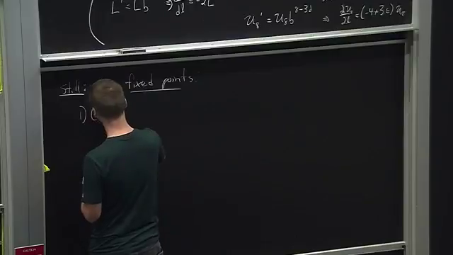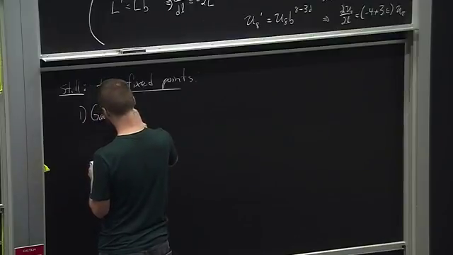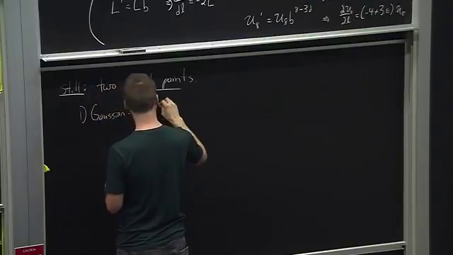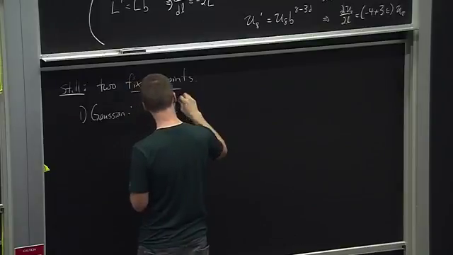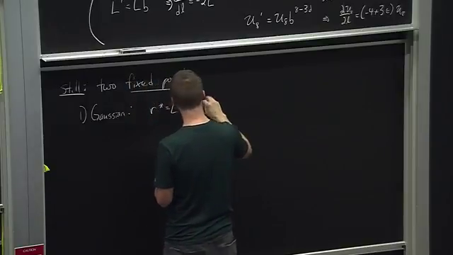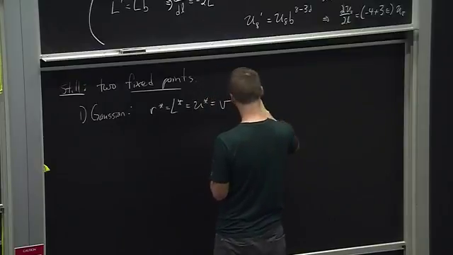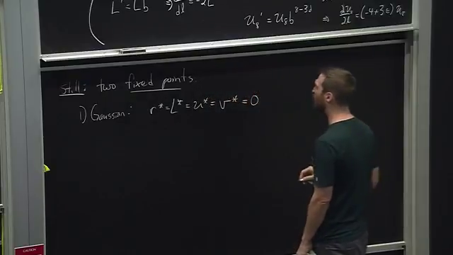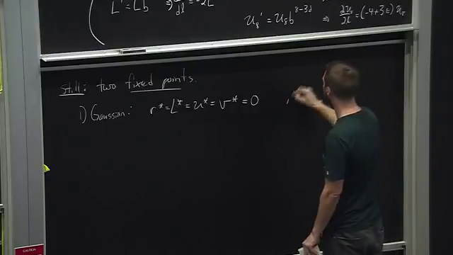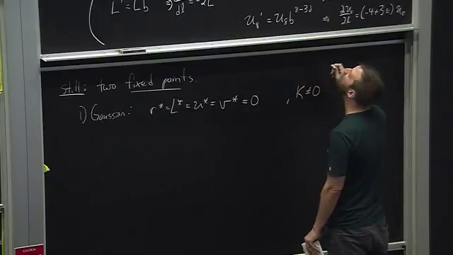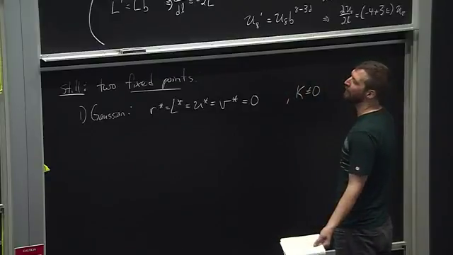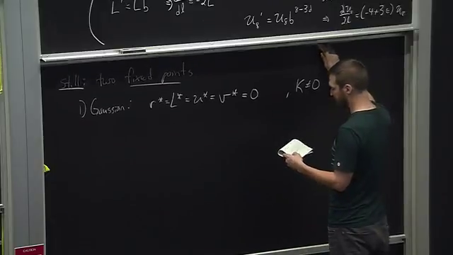One's a Gaussian. So now it's R and L and U and V equals 0. You've got to keep K non-zero, or else, I don't know, you don't have a theory.